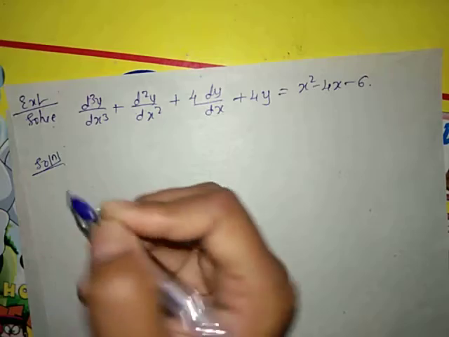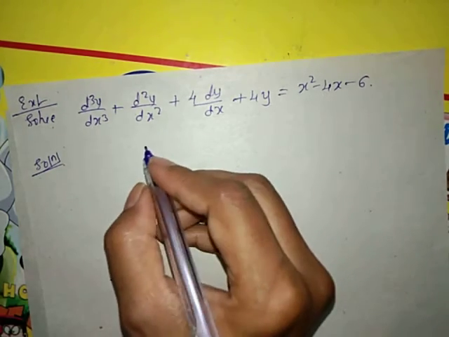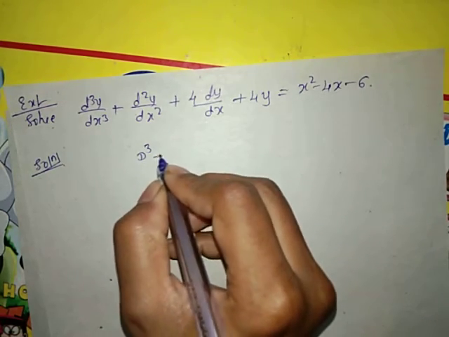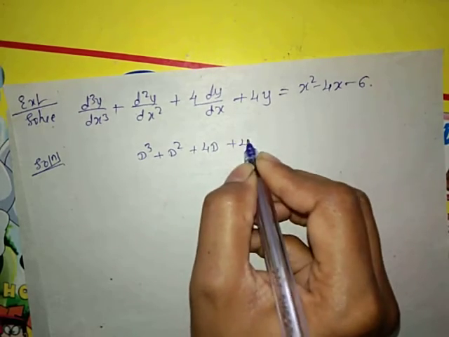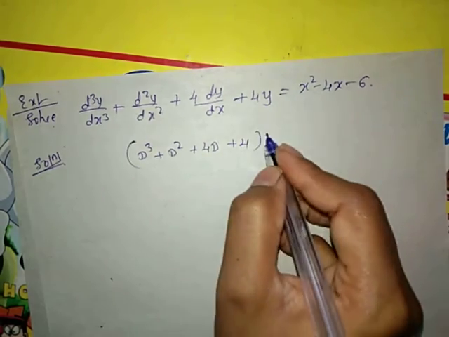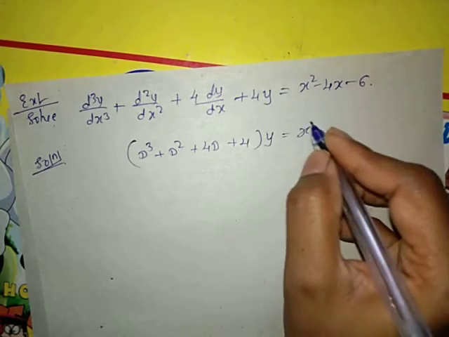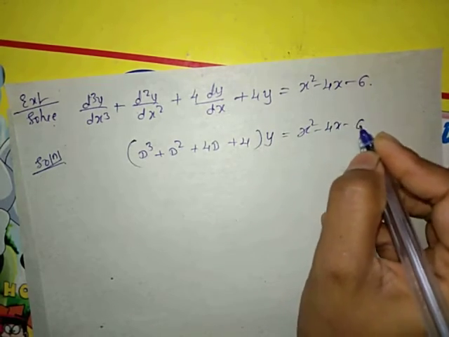Come to the solution. First write down f of d: d cube plus d square plus 4d plus 4 of y is equal to x square minus 4x minus 6.